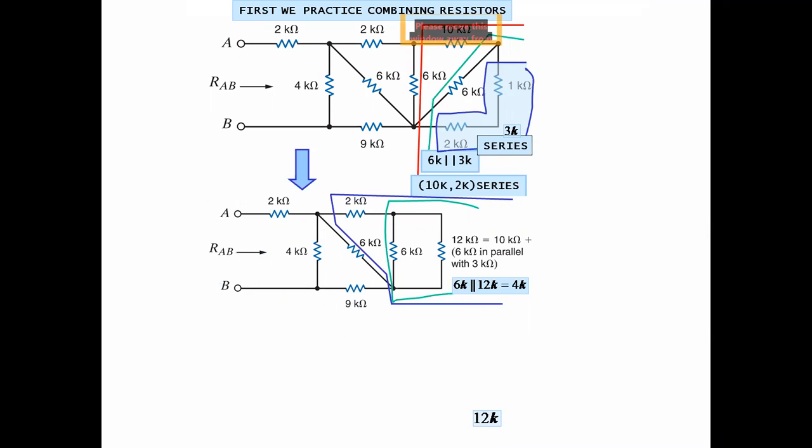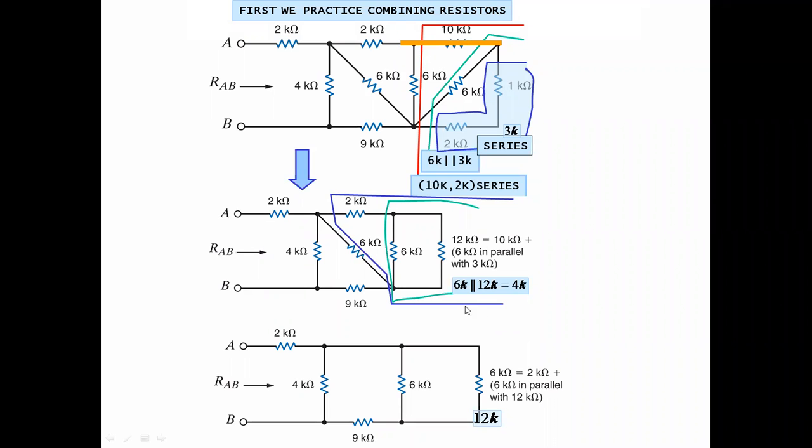After that, this 4 kilo ohm resistance will come in series with 2 kilo ohm resistance, right? So 4 plus 2 will give us 6 kilo ohm resistance. You can see in the next figure, this is the simplified diagram. You get this 6 kilo ohm resistance from the 2 kilo ohm resistance plus the 6 kilo ohm resistance in parallel with the 12 kilo ohm resistance. So these are the simplified steps.